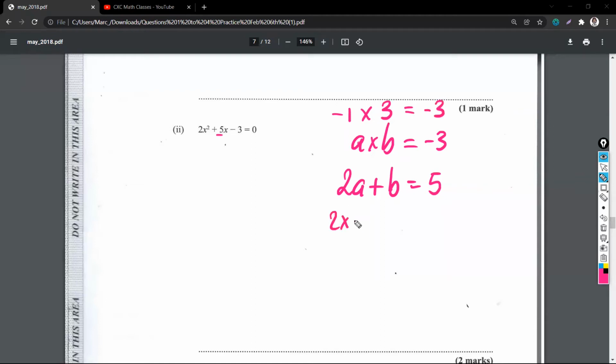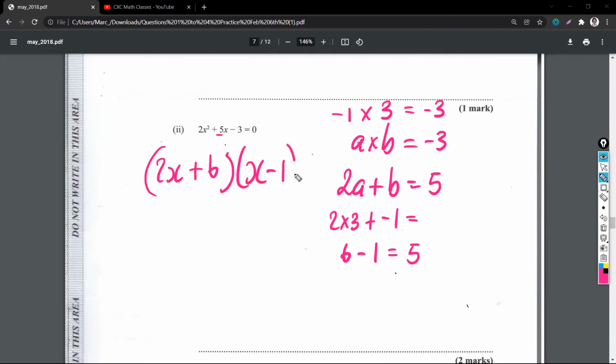And then 2 times 3 plus -1 will give me +5, right? 6 minus 1 is going to be equal to 5. So the answer, guys, is going to be 2x plus 6 times x minus 1. And that's the answer.